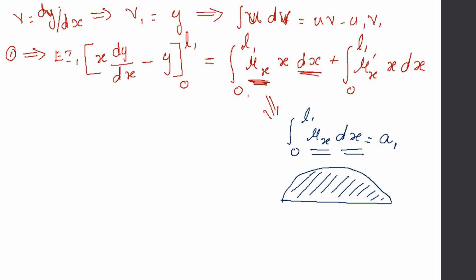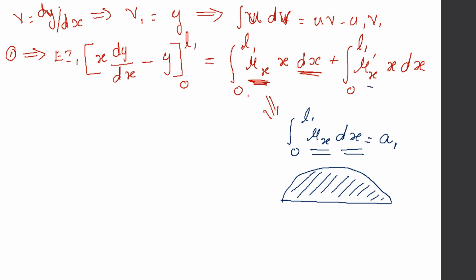So this area is taken as A1, and x is the distance of center of gravity, or x is the distance where the section is taken. So integration of 0 to L1 mu x into dx is A1 multiplied by x.